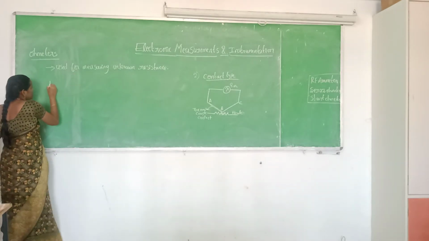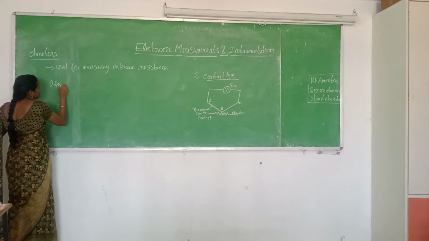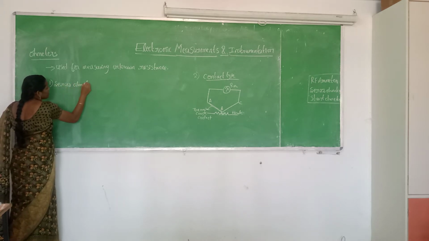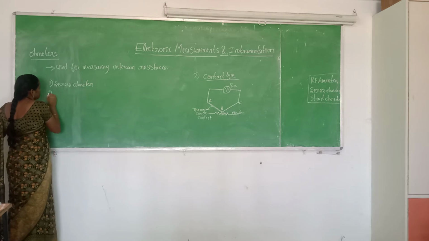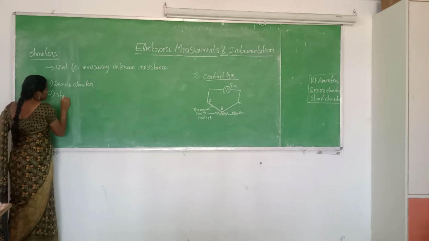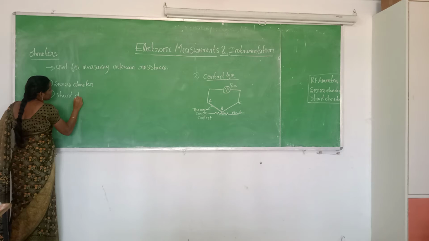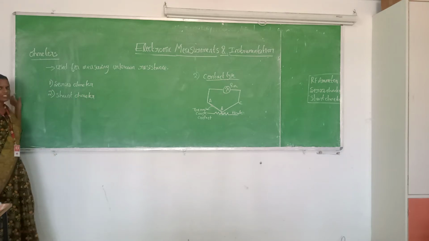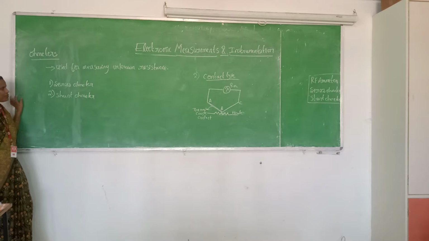The 2 types are, first one is the series ohmmeter, next one is the shunt ohmmeter. First we will discuss the series ohmmeter, next we will go for the shunt ohmmeter.